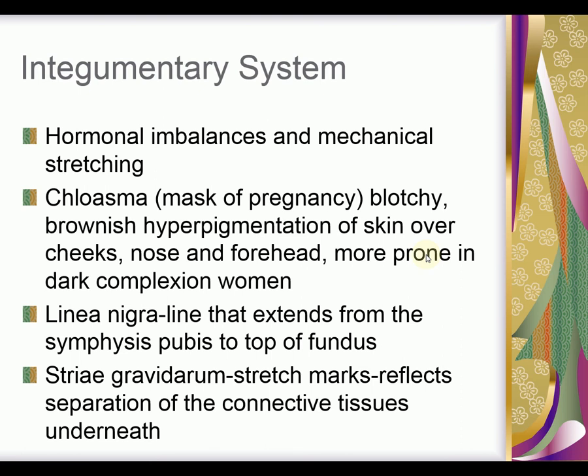Well, there's not a whole lot we can do, but staying in the sun can cause it to darken simply because of the pigmentation of the skin. So, we tell them to avoid too much sun in order to keep it from getting worse. Nothing you put on it is going to make any difference, and usually after pregnancy this will fade away. It may take a little while, but it will usually fade away.